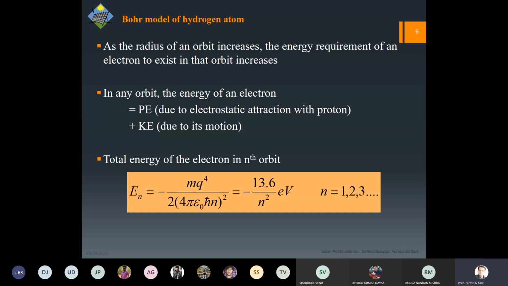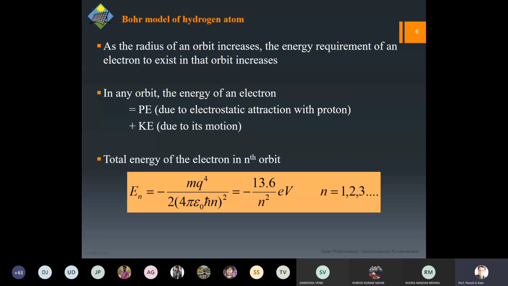So energy is now equal to the values given, and as I've said, everything is constant except n. So if you substitute all the values of the constants, what you are going to get is En is proportional to 13.6 by n square. So as n increases, the energy decreases. However, there is a negative sign for that, and that's why if the radius is smaller, the electron is very near to the proton, and removing it would be a very energy intensive process.